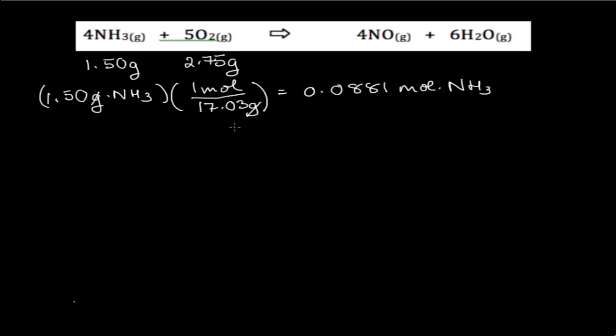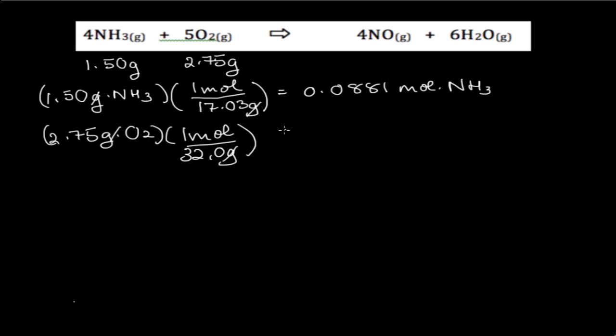Okay, we do the same for the oxygen. We have 2.75 grams of oxygen, and converting that to moles, we simply divide by the molar mass, which of course is 32.0 grams.